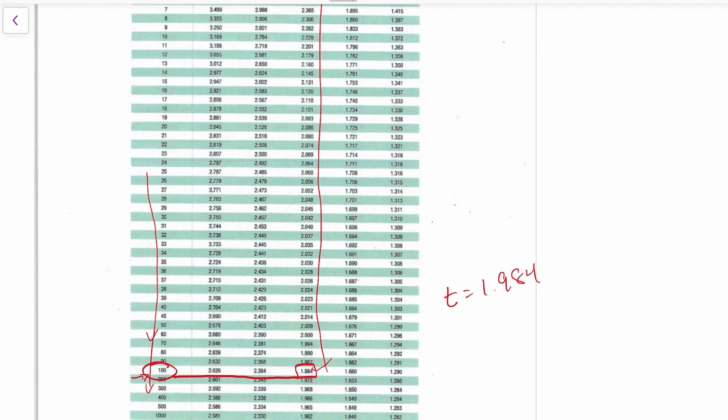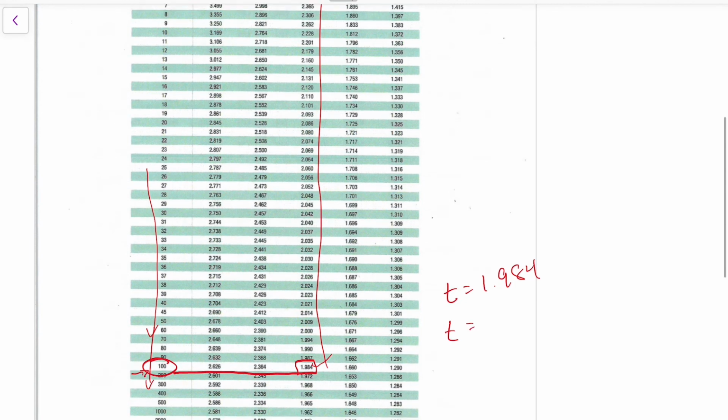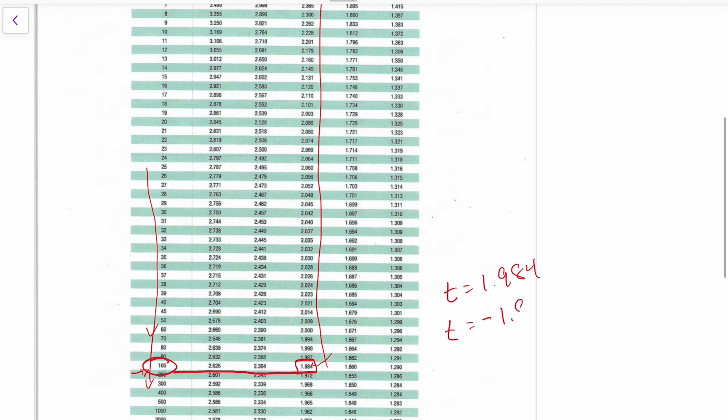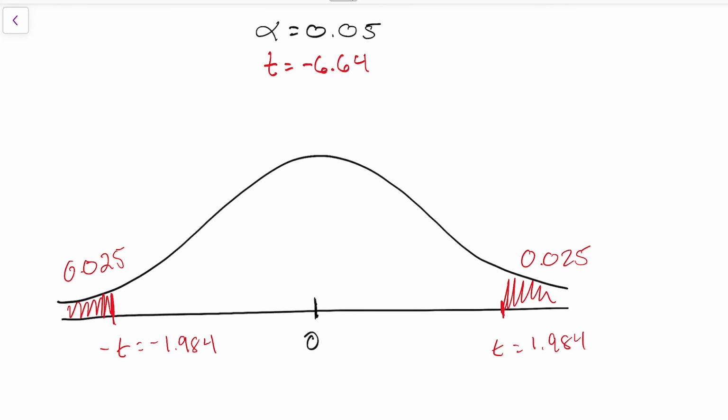However, because we have a two-tailed test, we should have two t-values, one of them being 1.984 and the other being the equivalent negative value of negative 1.984. And so now we have the values that mark off our critical region. Our critical region, again, is the two tails, one to the left and one to the right, marked off by negative 1.984 and 1.984 respectively.